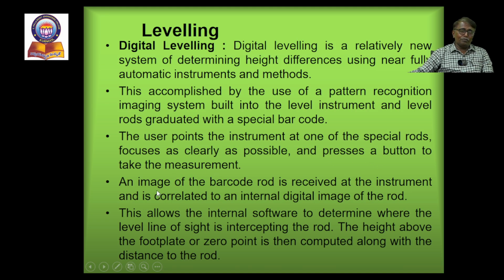An image of the barcode is received at the instrument and is correlated to an internal digital image of the rod. This allows the internal software to determine where the level line is intercepting the rod. The height above the foot plate or the zero point is then computed along with the distance to the rod.